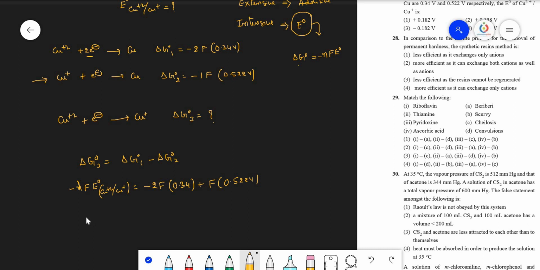We can write the final form as E0 of this particular couple. The F values get cancelled automatically.